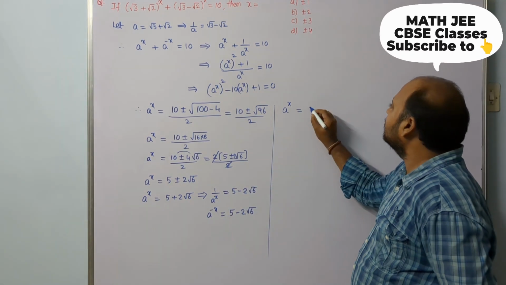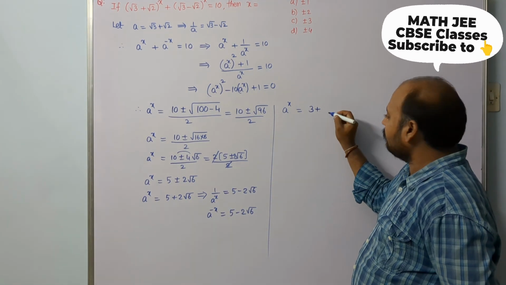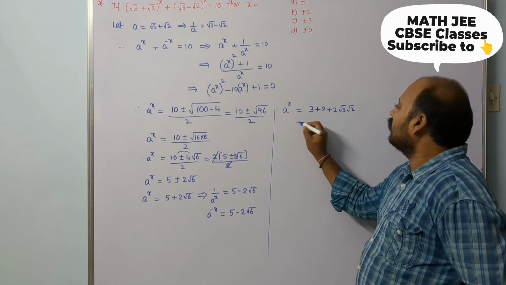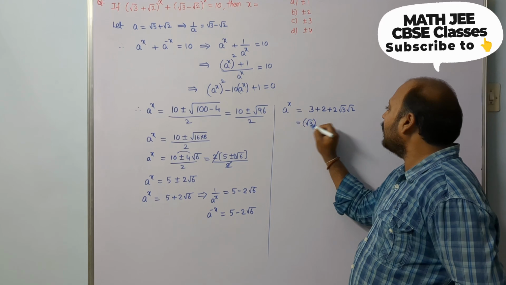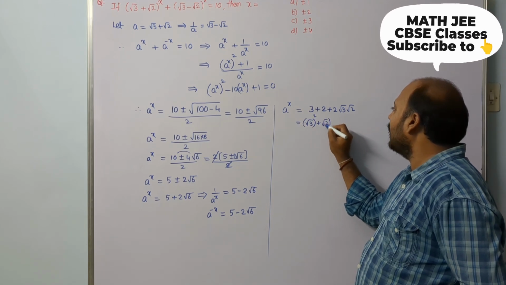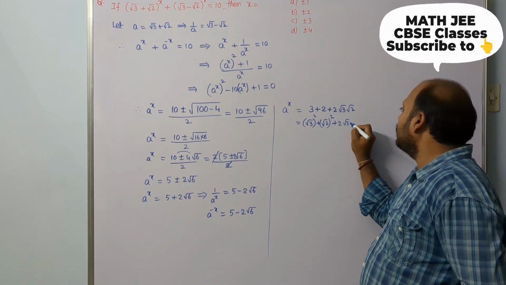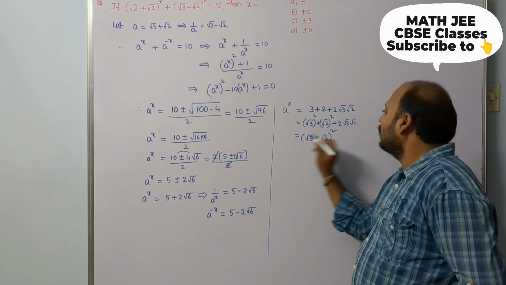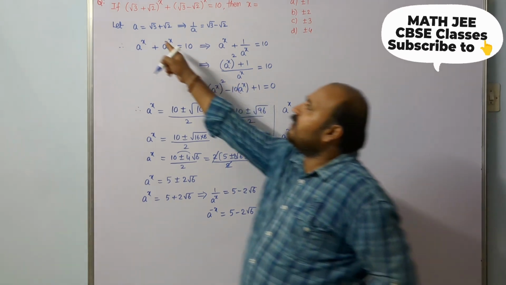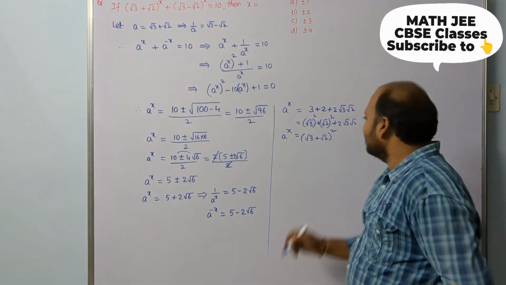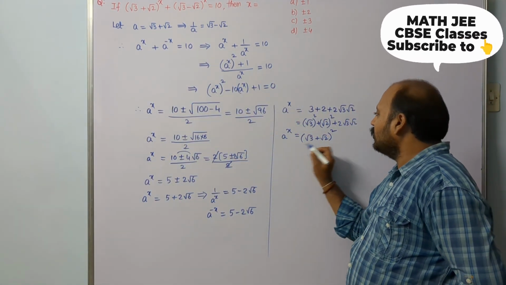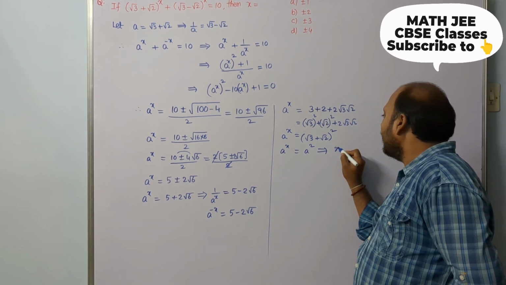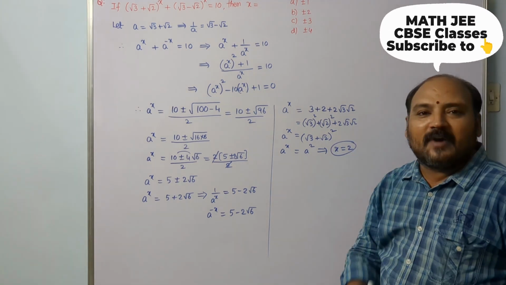What I am writing is 3 plus 2 plus 2 into root 3 into root 2. We can write it as (root 3) whole square plus (root 2) whole square plus 2 into root 3 into root 2. Then we can write it as (root 3 plus root 2) whole square. What I assumed is that a value is root 3 plus root 2, am I right? So a power x is equal to a power 2. That implies that x is equal to 2 for one of the values.